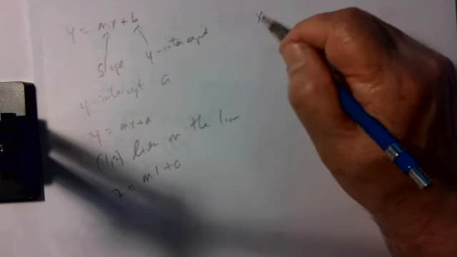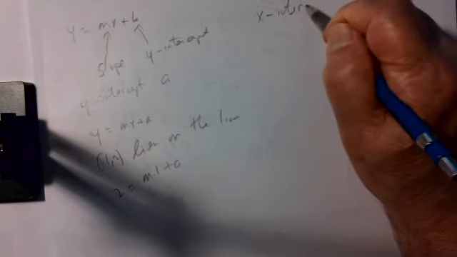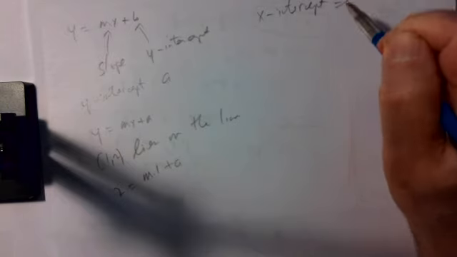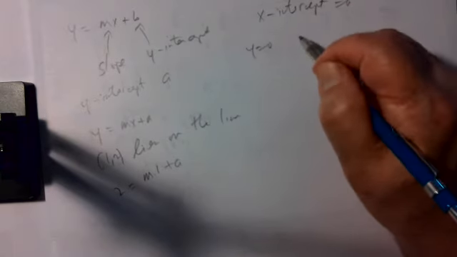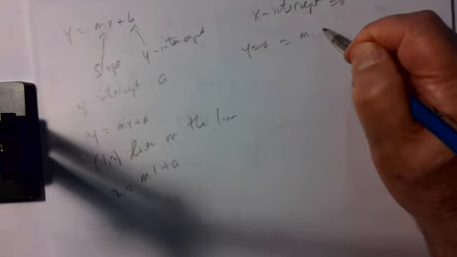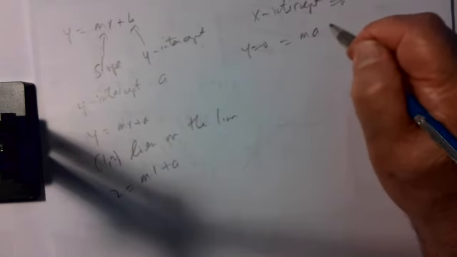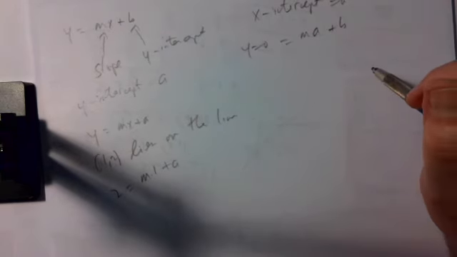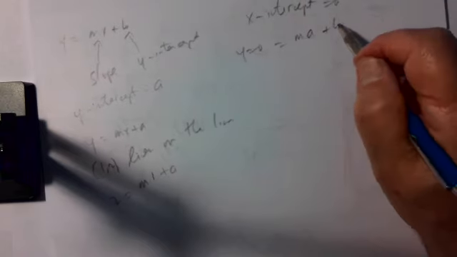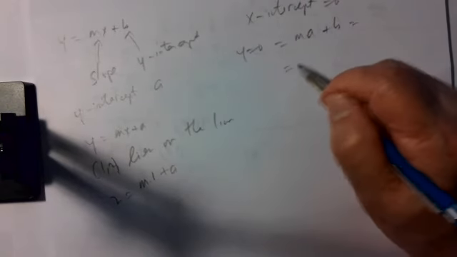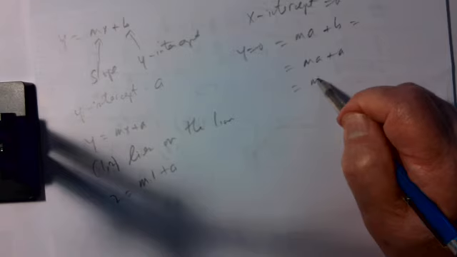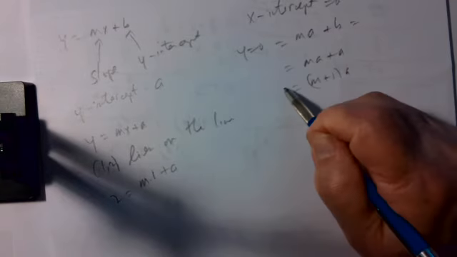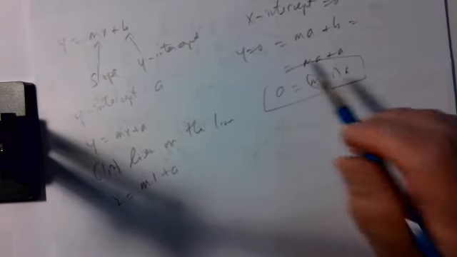And we're also told the x-intercept is a. And how do you get the x-intercept? When you let y equal 0, you get m times a plus b, which is m times a plus a, which is m plus 1 times a. So we're also given this equation.